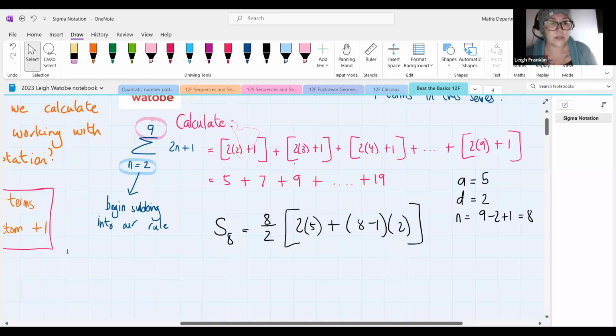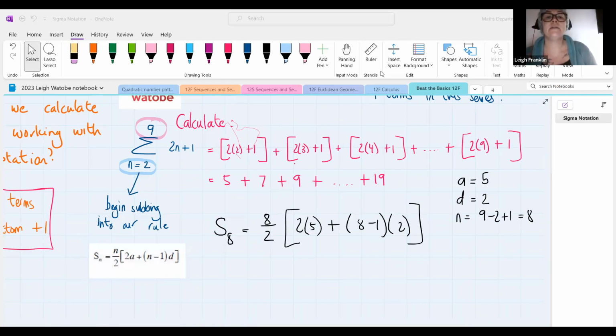Let's just put it over there for you. Okay, Amahle says the sum is 124, and Hlantle, you're getting 96. You're getting a different answer to Amahle? What are the rest of you getting?